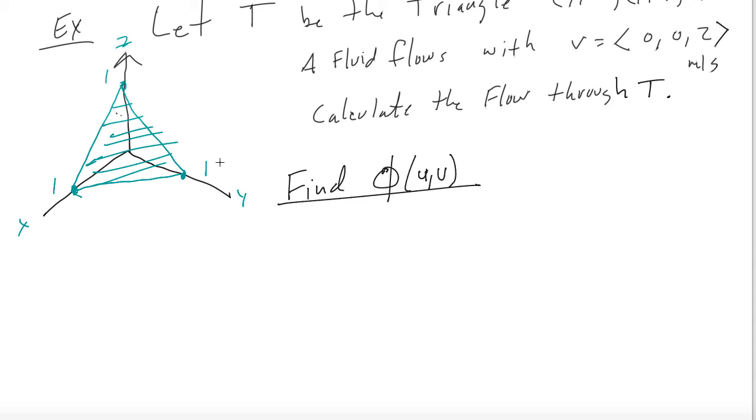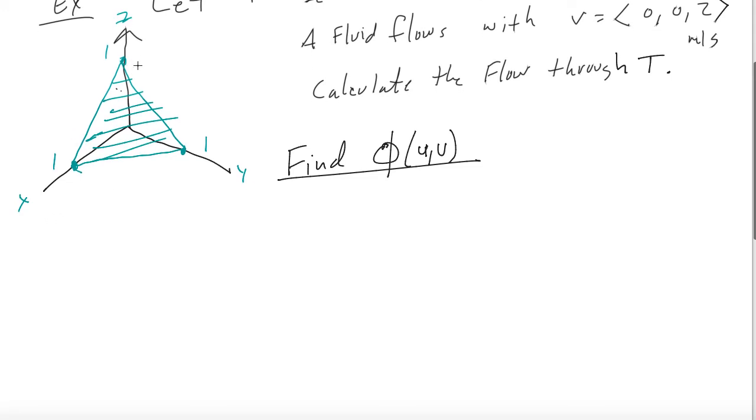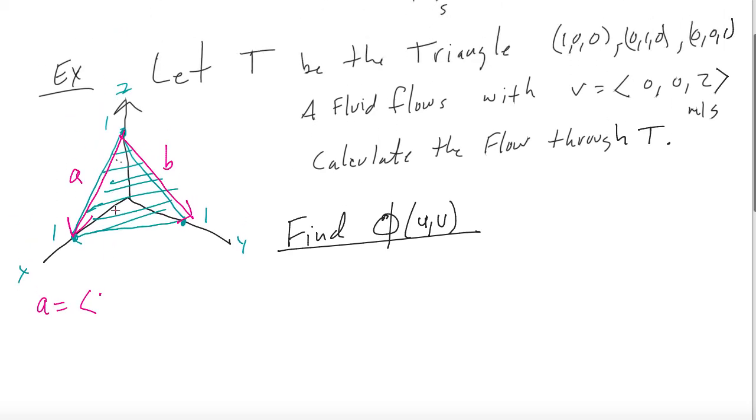If you recall from previous, let's call this vector A and this one B. A is, if you do the subtraction here, 1, negative 1, 0.